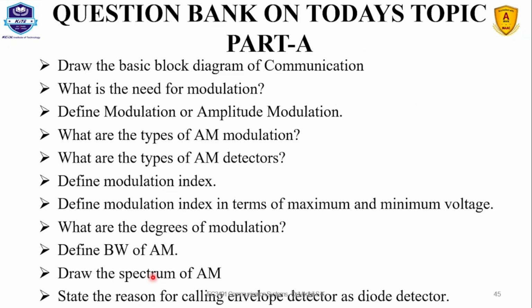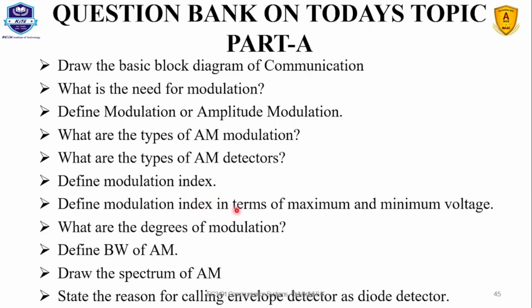So, the questions possible in today's topic, which can be asked in Part A, that is 2 marks, are generally about the basic block diagram of a communication system. What is the need for modulation? Define modulation or simply amplitude modulation, and what are the types of AM modulation, the types of AM detectors, the types of AM generators, and define modulation index.